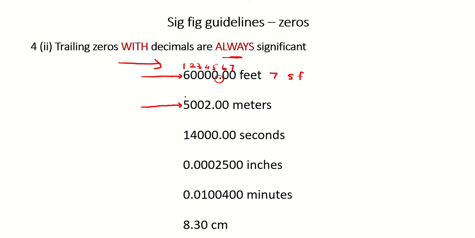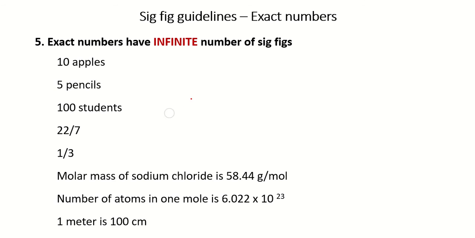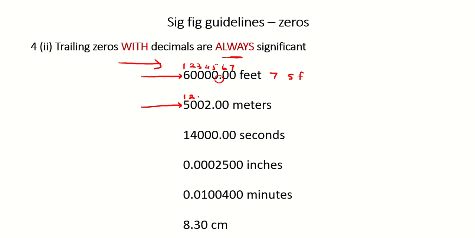Start counting. Now once you start counting, you don't stop. No matter whether you are going to see more zeros or not, you just don't stop. You start counting and continue counting. 1, 2, 3, 4, 5, 6. You have 6 sig figs.